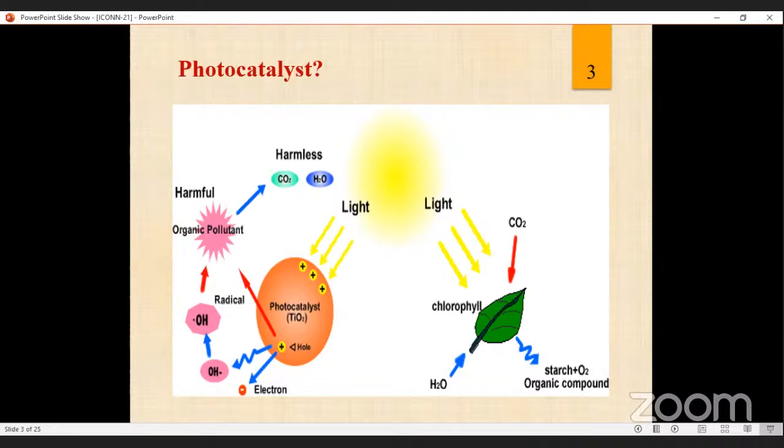In a similar process in photocatalysis, we use a nano photocatalyst, which takes light and gives rise to hydroxyl and superoxide radicals, which are very powerful in combating organic, even non-degradable and toxic pollutants, and break them into non-harmful and safe compounds, or carbon dioxide and water.